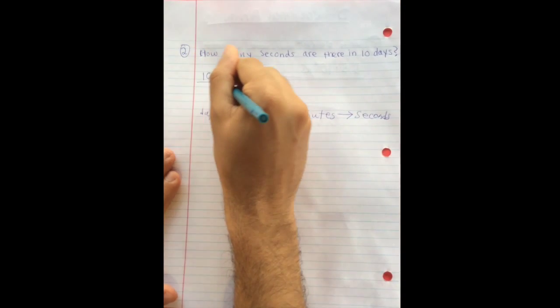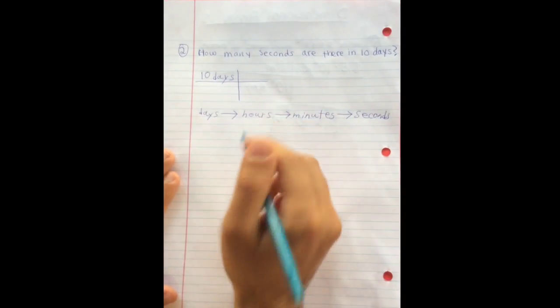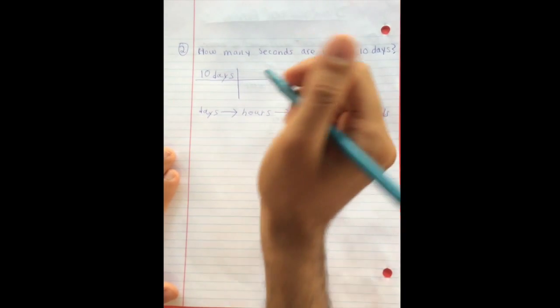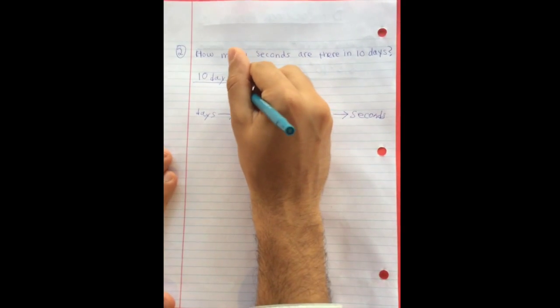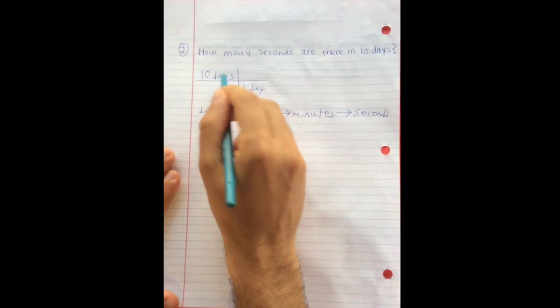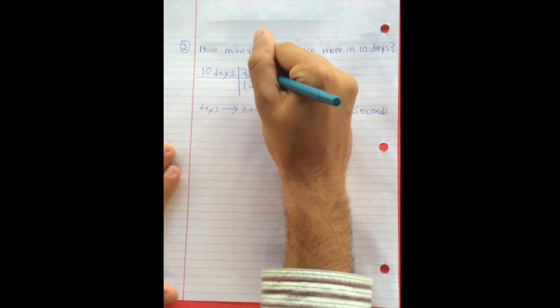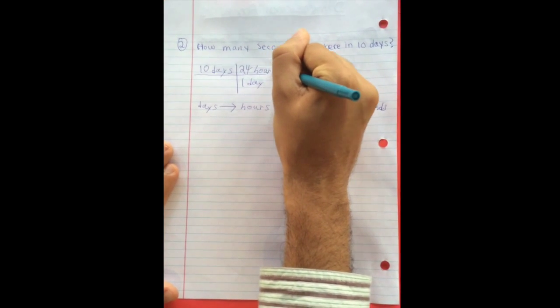So if I have 10 days here, first I want to convert to hours. So we think, how many hours are there in one day? We know that there's 24 hours in a day. So we want to put days on the bottom so that days will cancel out with days. And we want to put the 24 hours on the top.